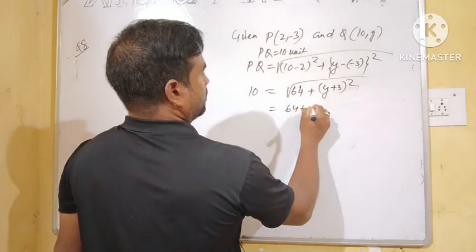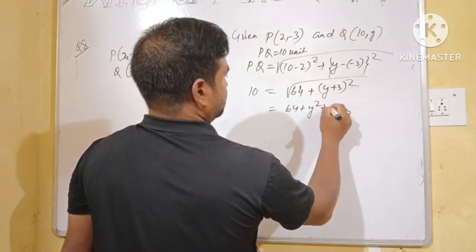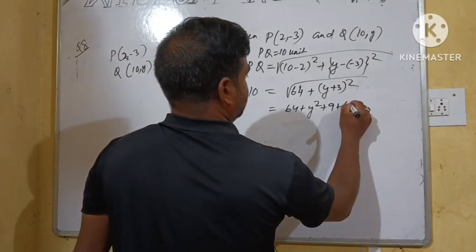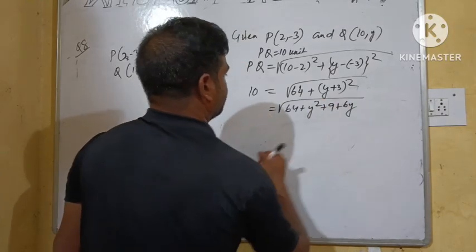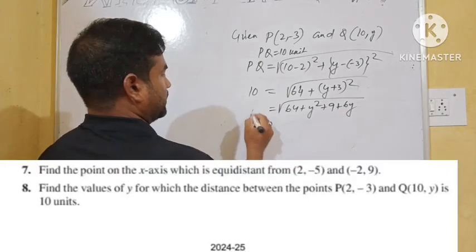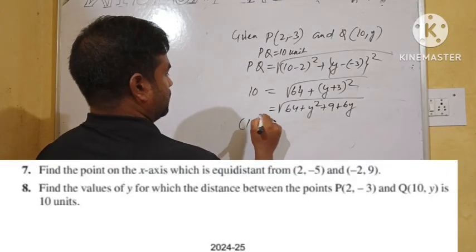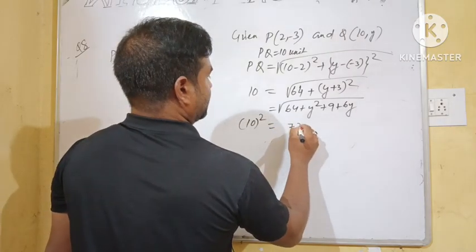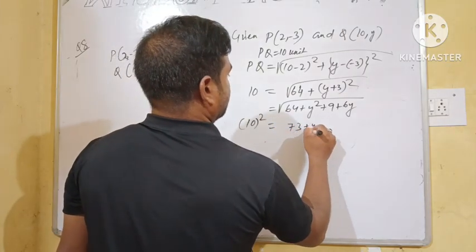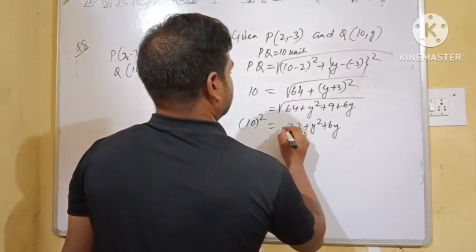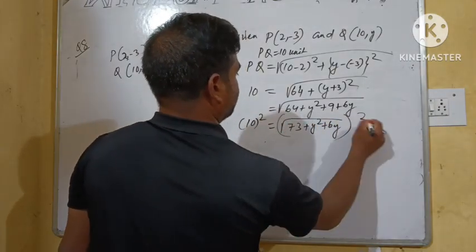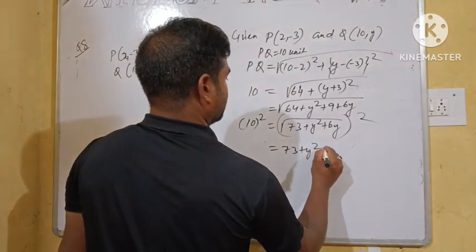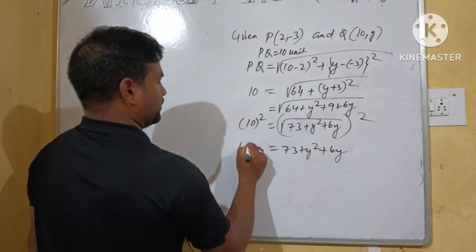Then 64 plus y square plus 9 plus 6y. Squaring both sides, 64 plus 9, which is 73, plus y square plus 6y equals 100.